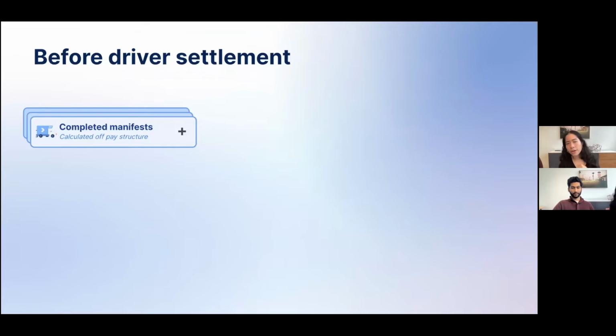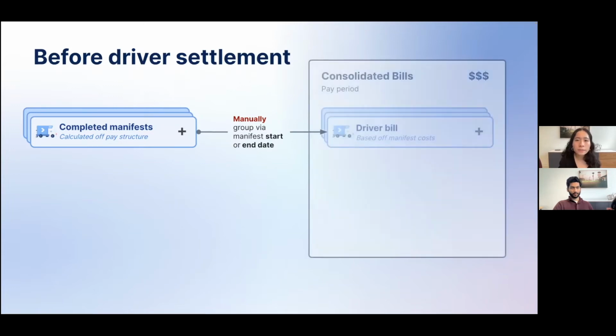Before we get into driver settlement, I wanted to touch on how it used to work in Rose Rocket for those who run driver pay through Rose Rocket. So we have a completed manifest, and the pay calculation on a completed manifest is calculated off of the driver's profile pay structure. Historically, we had to manually create the manifest bills and then group them into a consolidated pay bill.